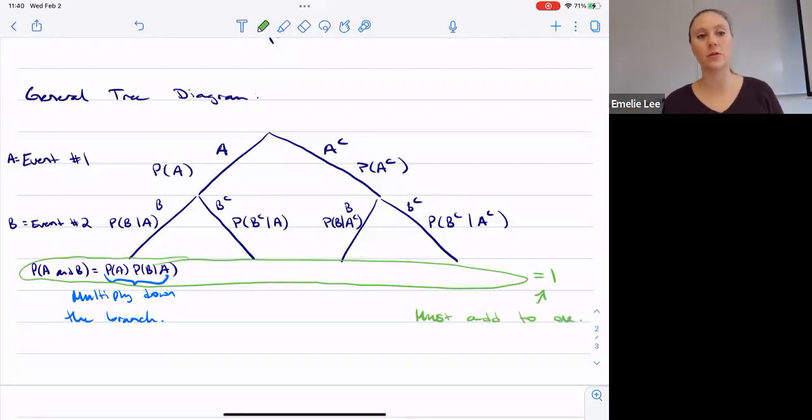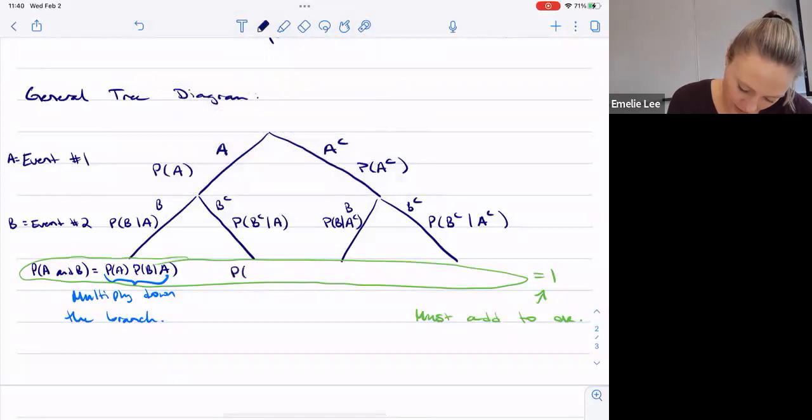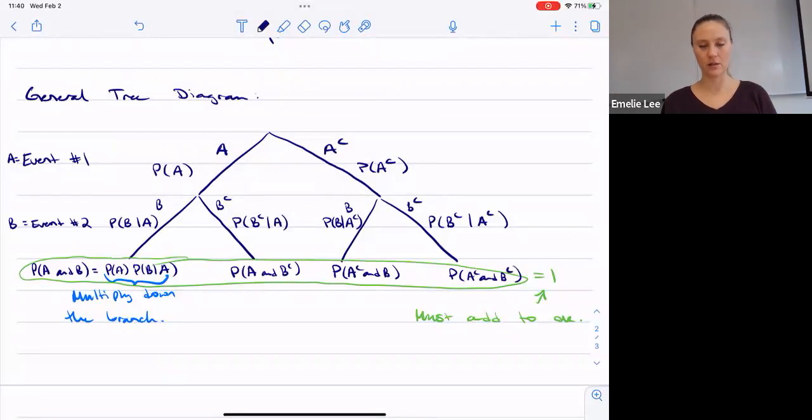That can be tough if you're rounding prematurely or something like that, but then you can give yourself a little bit of wiggle room, right? So they reasonably have to add to 1. So at the end of each branch, you're going to have the probability of A and not B, the probability of not A and B, and the probability of not A and not B. Right, and you just multiply down the branches.